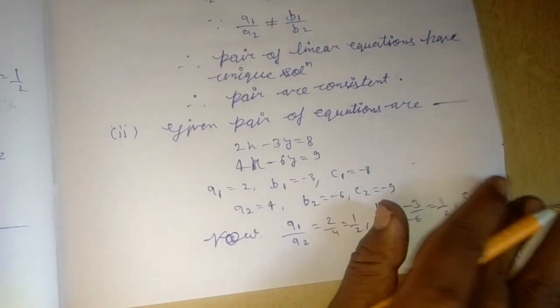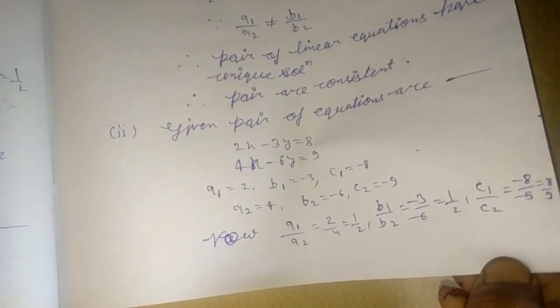We can observe here a1 upon a2 and b1 upon b2 are equal, but these are not equal to c1 upon c2.